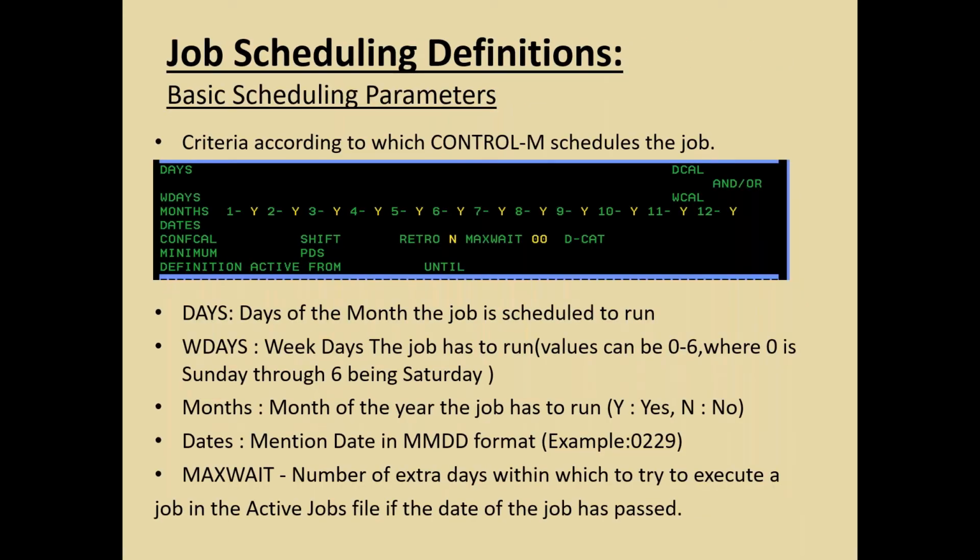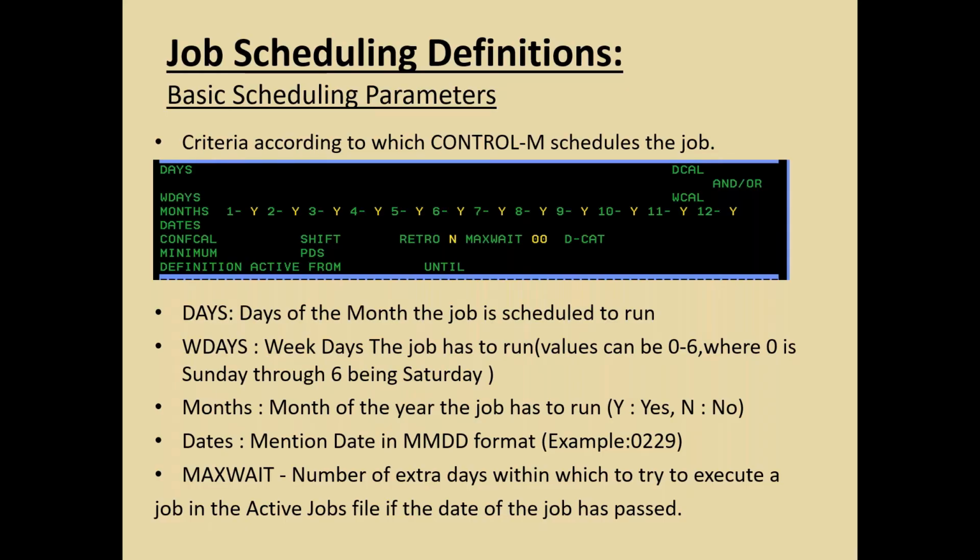Your second screen here explains the job scheduling definition. So basic scheduling criteria are given here. You can see months written, with 1, 2 up to 12.